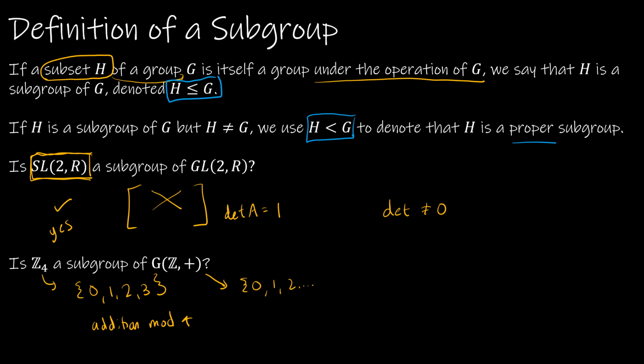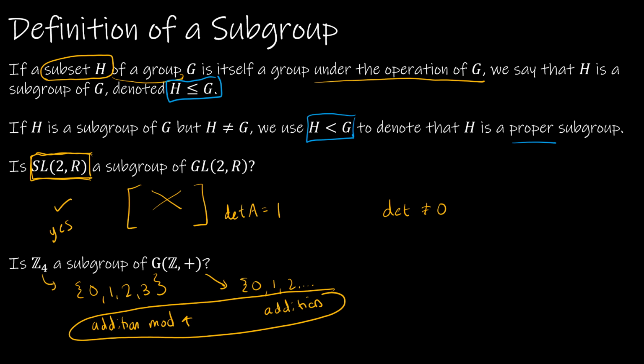And the operation is addition. So you might be tempted to say yes, but because these are not the same operation, in fact, this is not a subgroup. So even though these elements all come from Z, the operation is not the same, and therefore it cannot be a subgroup. Up next is subgroup tests.